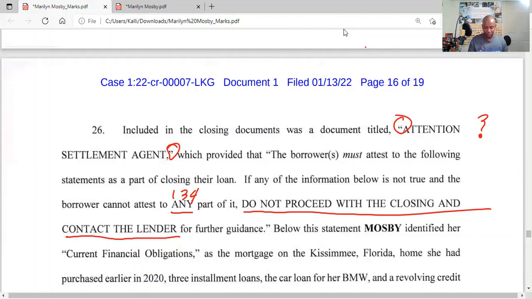Now this is very interesting, right? This part, straight fraud. This formulation says, and we're going to read this in fiction and pretend that this line is connected to that line. It says, if any of the information below is not true and the borrower cannot attest to, what does this mean? That's not a word. If you think that's a word, you're reading at a second grade reading level. This represents 3 words.